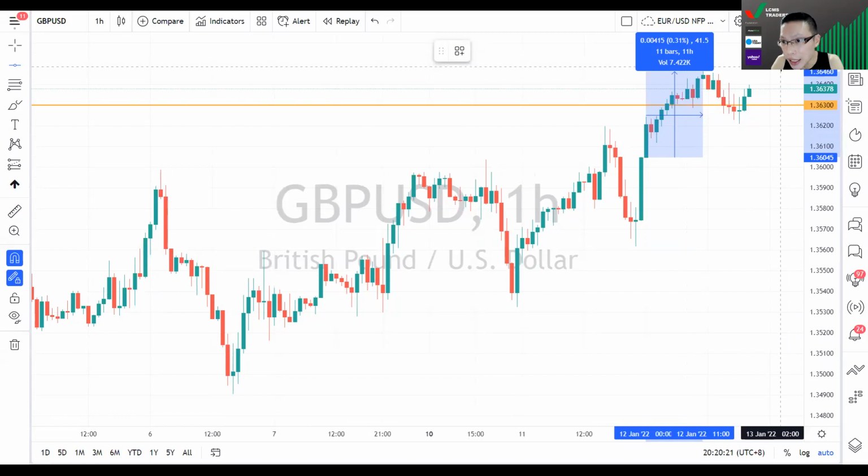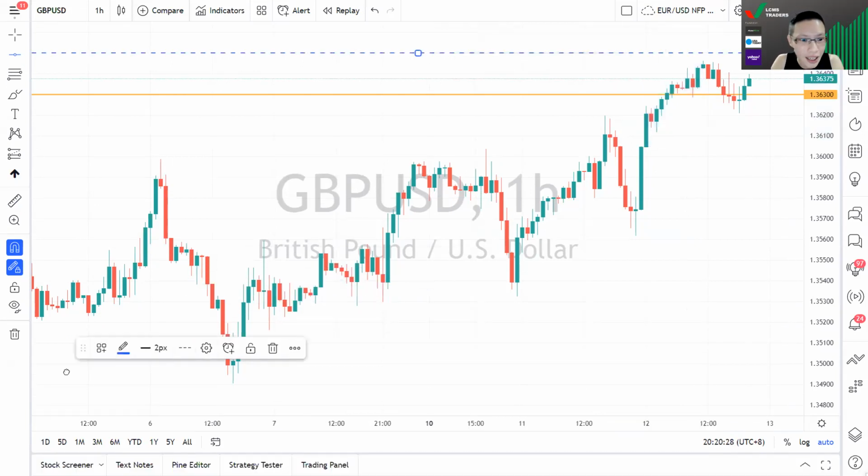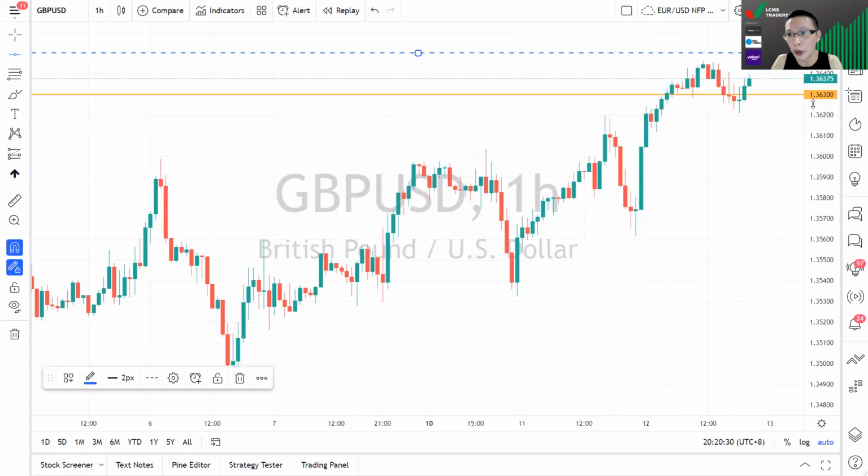It's a neat level over here. I have a bit of OCD, so I need to place the line as close to 1.365 as possible. To break above this resistance level, we will need price to hit above the recent high, around here. So 1.365 will be a safe level.